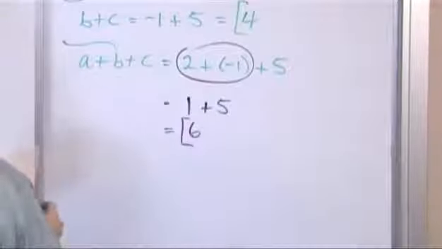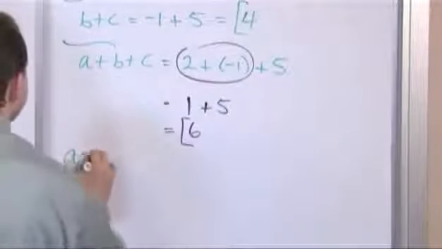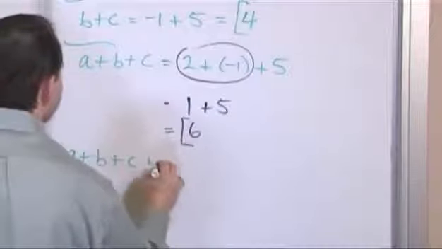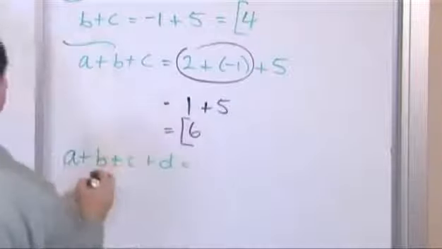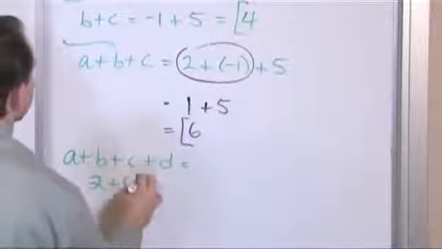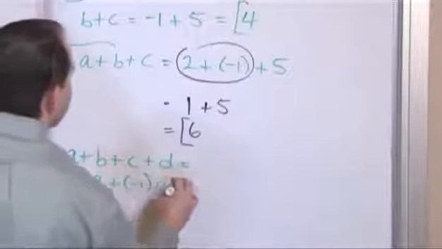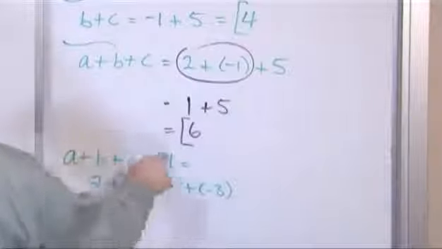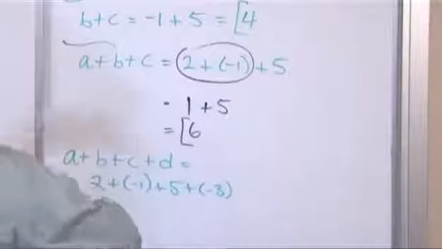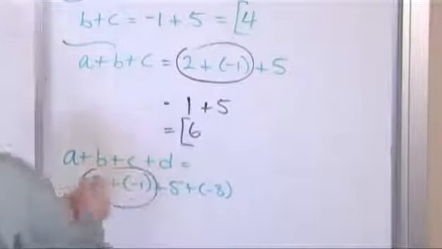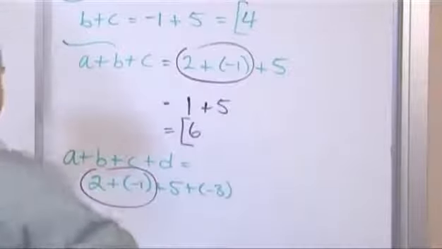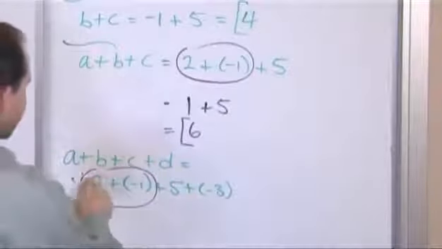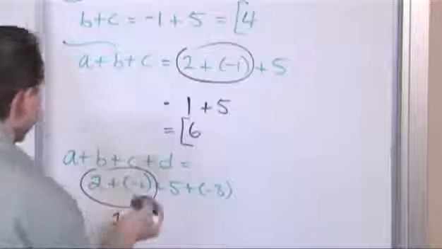And then if you had something like A plus B plus C plus D, you guessed it, it's nothing different. 2 plus negative 1 plus 5 plus negative 3. Literally all you do is you put in the numbers for each of these letters and then you deal with it. So we already figured out a minute ago that 2 plus negative 1 is positive 1, and here's a different way to do it.